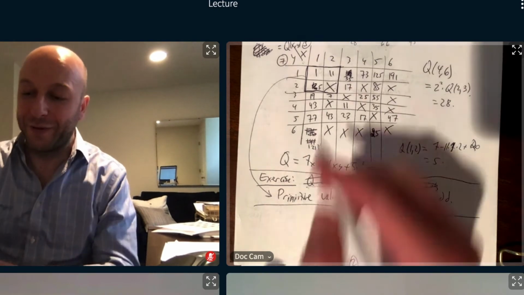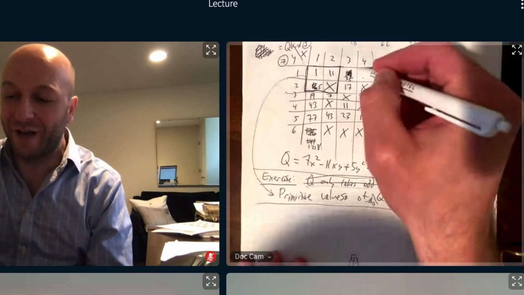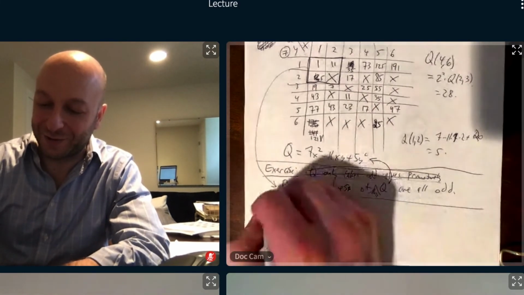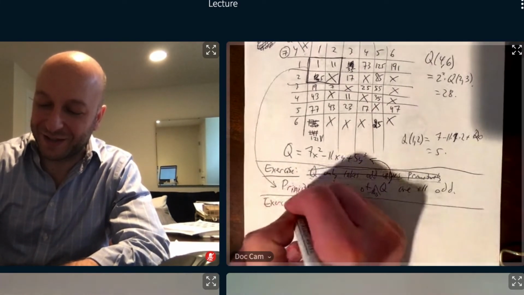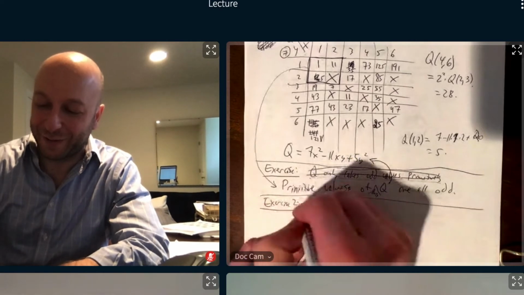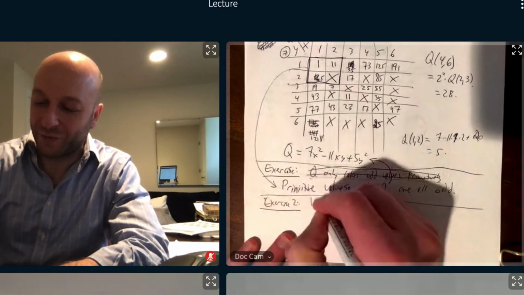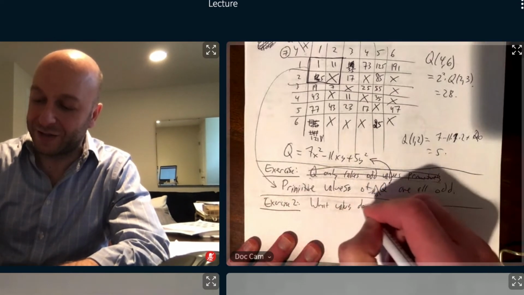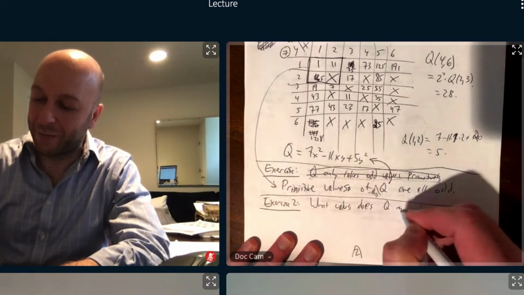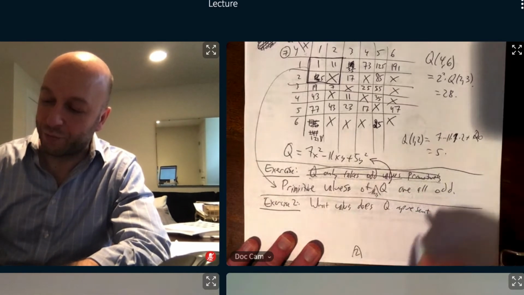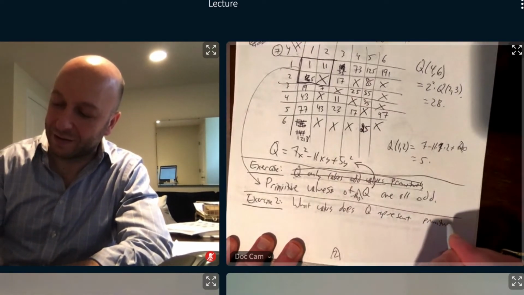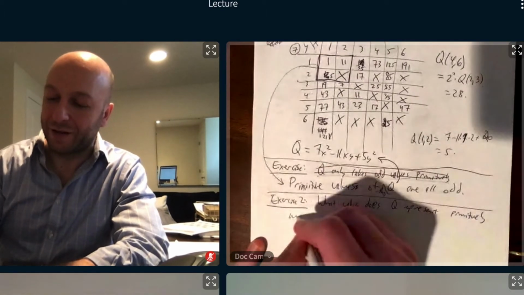All right, how about mod 3? Well, all I have to do is, if I want to know what values it takes mod 3, okay, so exercise 2. Let's see if we can vary now with this hint. What values does Q represent primitively mod 3?